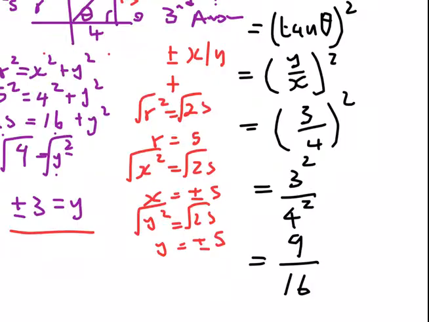If possible, we might need to further simplify this. I'm curious to know if this can be further simplified. Is there a value that goes into 9 and also goes into 16? Probably not. Then this should be the end of it.